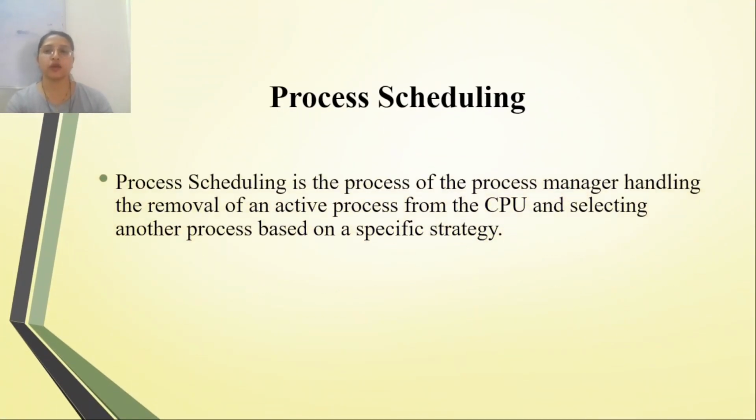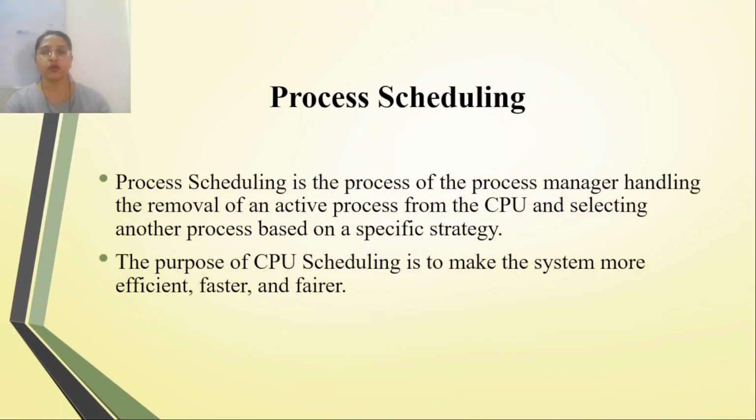Next is scheduling. Why do we require this scheduling? What is scheduling? Scheduling is the process of the process manager handling the removal of the active process from the CPU and selecting another process based on a specific strategy. In actuality, what is process scheduling?